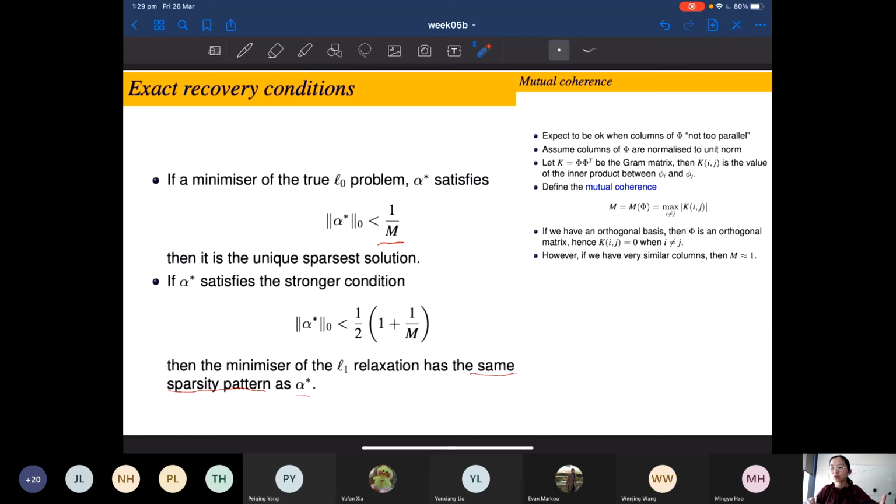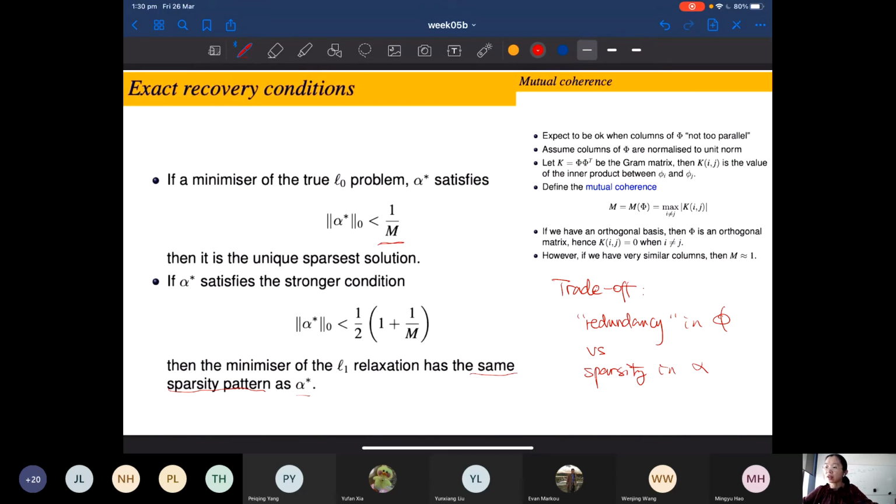If phi is very close to orthonormal, let's say m is equal to 0, then this upper bound will be really big, right? So there is a trade-off. In other words, there's a trade-off between the redundancy that we allow in our basis functions versus the sparsity in the solutions that we get.